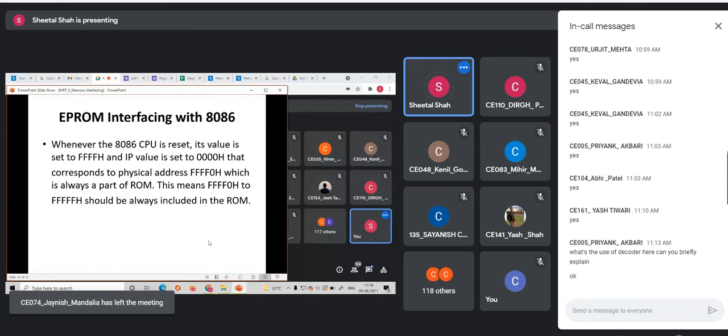And that address should be the EEPROM address. Why is it so? Why should it be the EEPROM address? Any one of you? Even in our system, when we boot, we have the RAM as well as ROM in all of the systems.